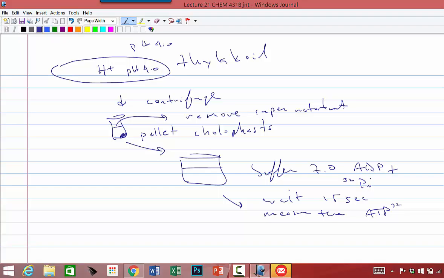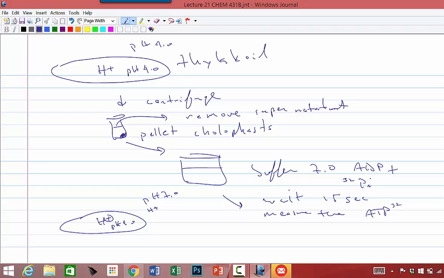So let's analyze this at the level of what's happening at the thylakoid. Here's a thylakoid. We have a lot of protons on the inside in the beginning, and then when we shift to pH 7, we have pH 4 momentarily on the inside and pH 7 on the outside. Basically, there's more protons on the inside than on the outside, so I'll write a little tiny h out there.